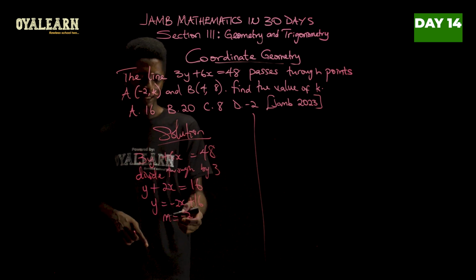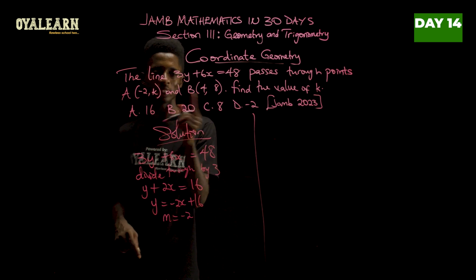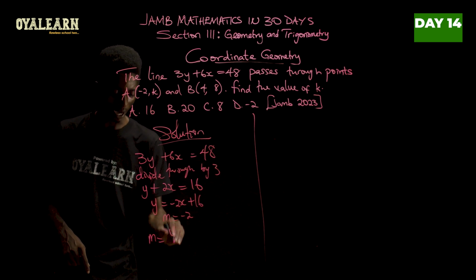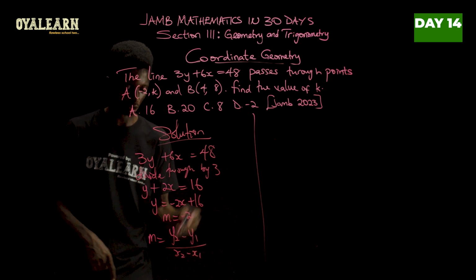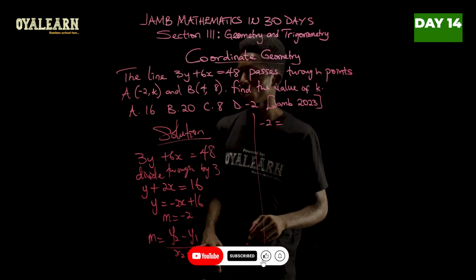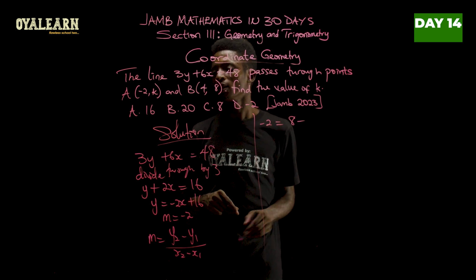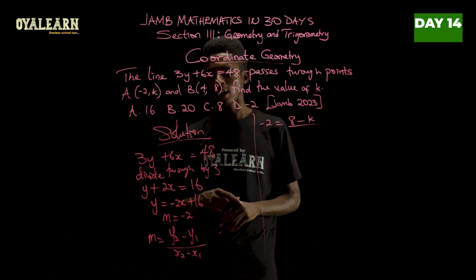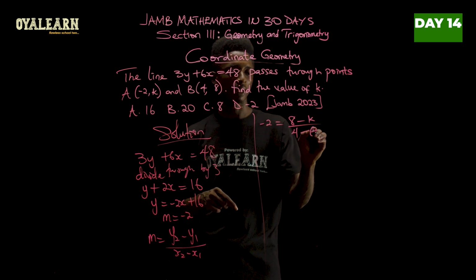Okay, now let's equate this slope to how we'll get the slope using the points here. So we know m is supposed to be y2 minus y1 over x2 minus x1. So let's apply that. m is minus 2, and this equals, now y2 is 8, so 8 minus y1, that's k, all over x2, which is 4, minus x1, which is minus 2.